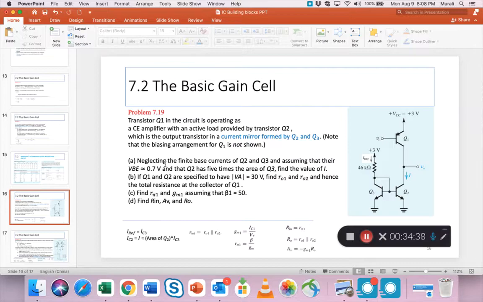So all we needed to find, simple things here, basically the current I, find the value of I, this I, and these amplifier parameters, input resistance, output resistance, and gain, right?